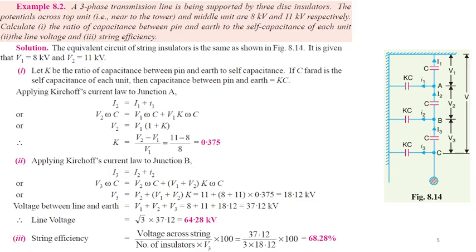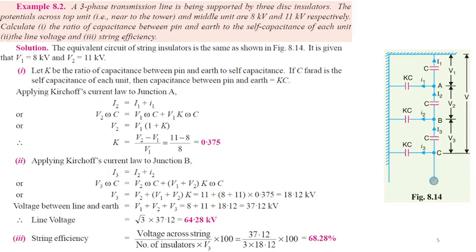This leads to the determination of the capacitance ratio, which is equal to K, and which represents the ratio of shunt capacitance to self-capacitance.